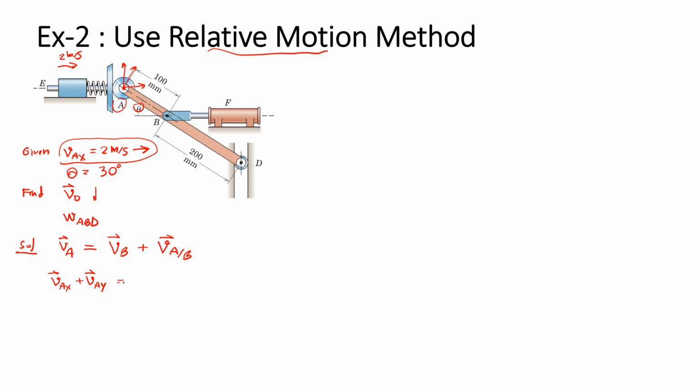For point B, we know that the velocity of point B has only the horizontal component, and the velocity of A with respect to B, if we consider B as a fixed point and the part ABD just rotates with omega, the relative velocity of A with respect to B is simple.